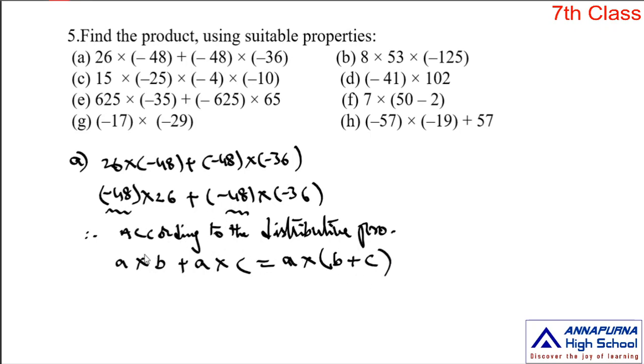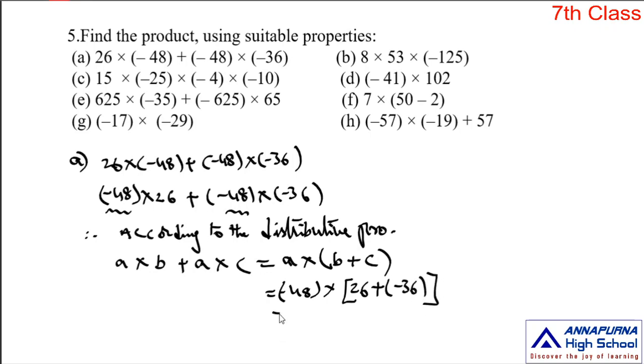So here what is A? Minus 48. A into B means 26, plus A into C means minus 48 into C means minus 36, which is equal to A into B plus C. A is minus 48, B is 26, plus C is minus 36.